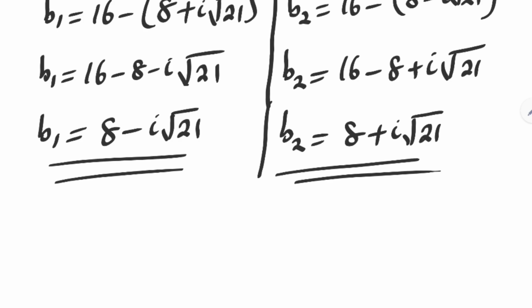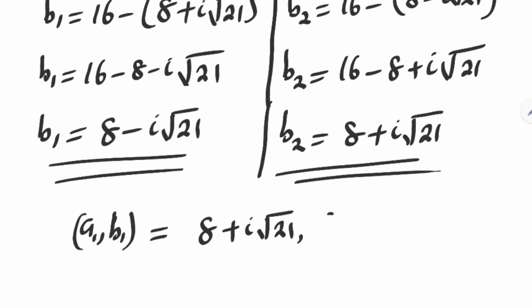Therefore, our final answers are A1, B1 is equal to 8 plus I root 21, 8 minus I root 21.